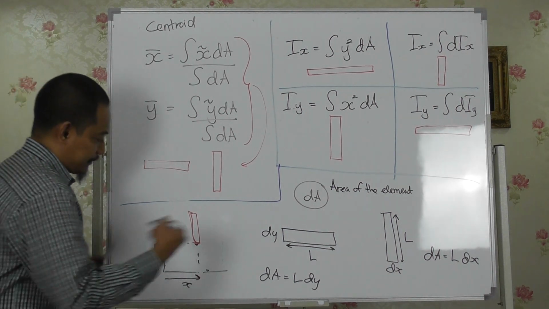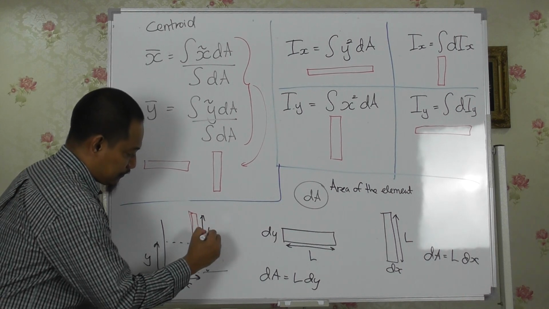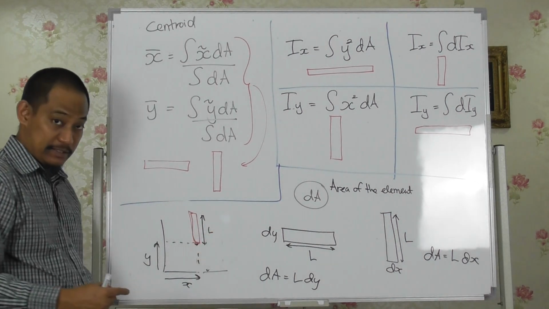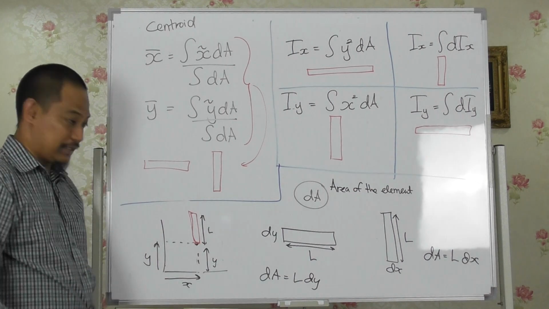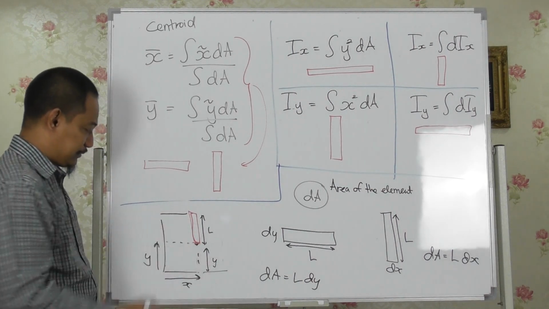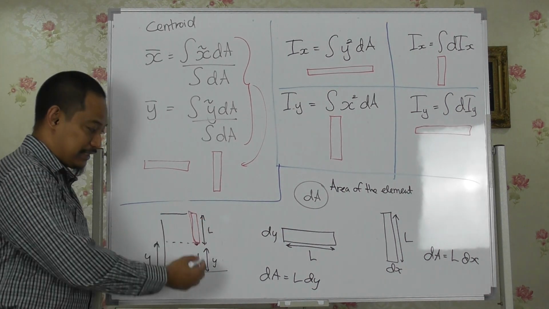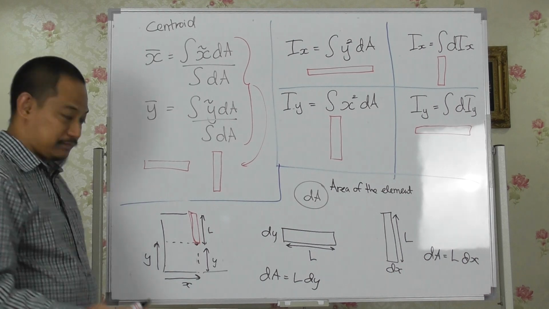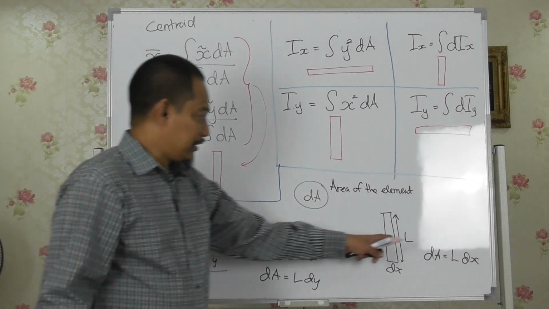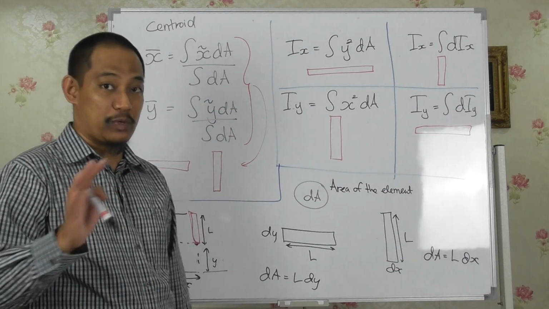Now L is here. Is L equal to y? No, right? Because this is y. So if we know this value here, then this value minus y is that L, right? So hopefully you understand. So L is not always y.